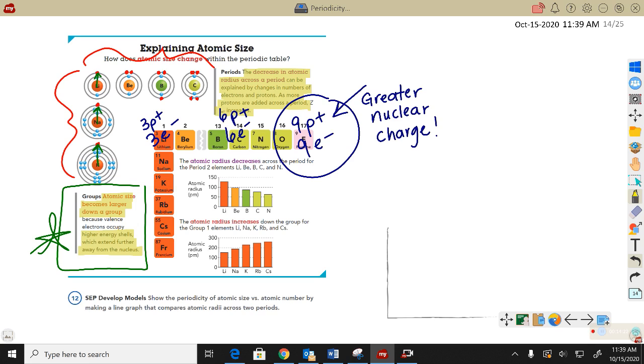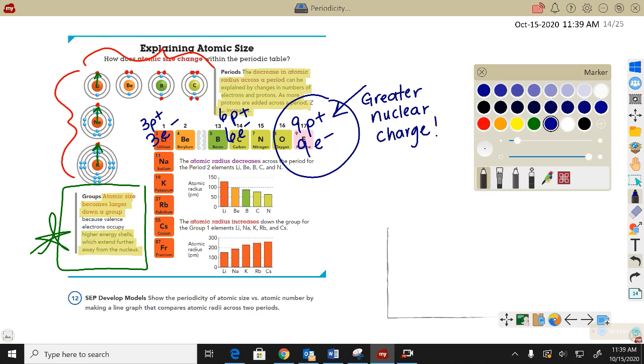And so not only do we want to know the general trend, that going down a group, radius increases, going across, radius decreases, but we want to be able to explain it with either going down, the distance increasing between the nucleus and the outer energy levels, and going across, when the distance stays the same, then I use nuclear charge. Then as I get more protons and more electrons, that attraction increases.